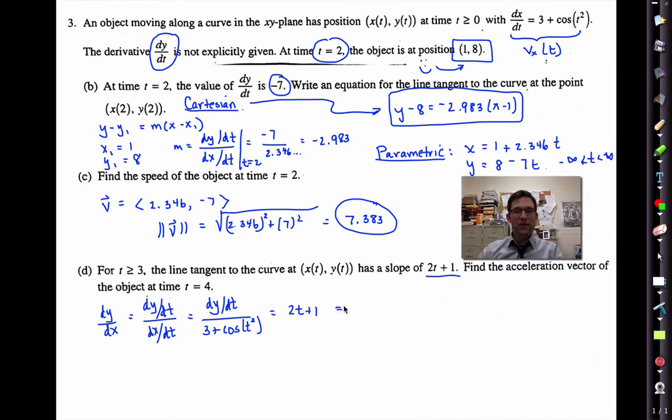Now what's beautiful about this is that this then directly tells me that dy/dt, watch your parentheses, must be 2t plus 1 times 3 plus cosine of t squared.